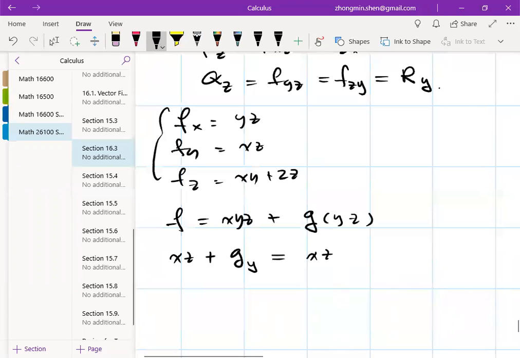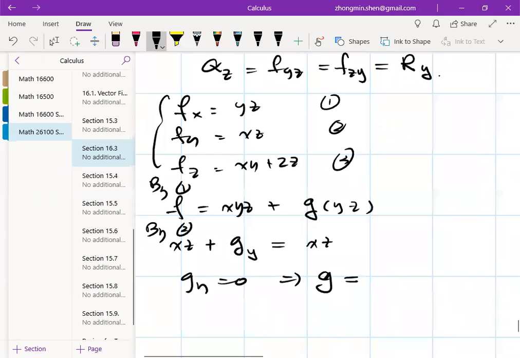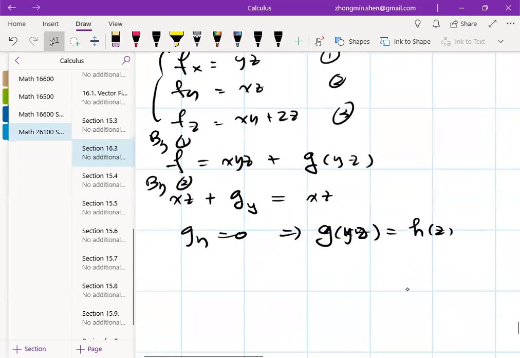So gy equals 0. That implies g only depends on one variable, z. So let's put it into the third equation.